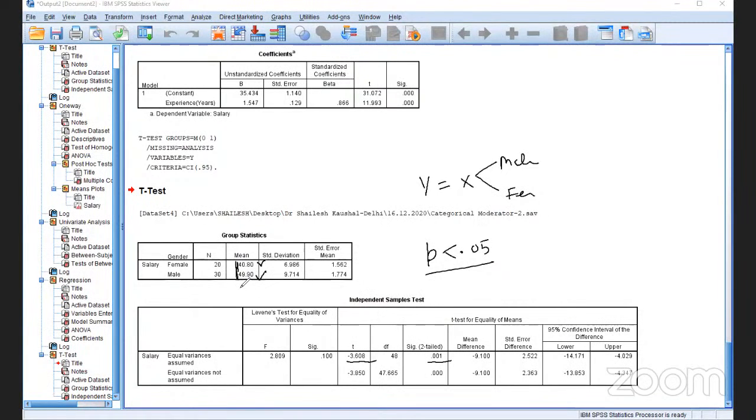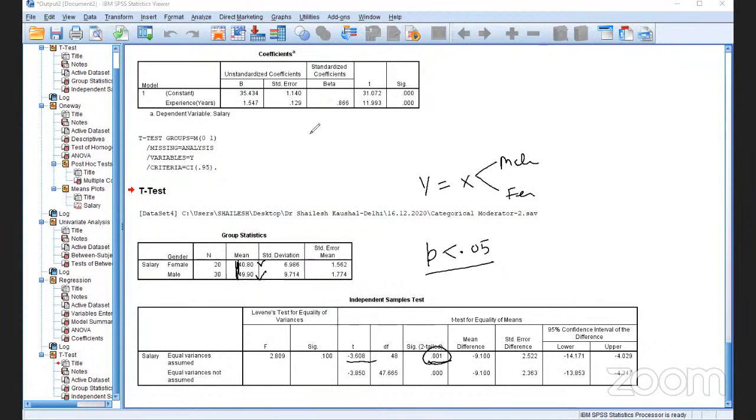Whether this difference is significant or not, the p value decides. We should keep in mind that when we compare two or three groups, we will always get a mean difference, but whether it is significant or not, the p value decides. If the p value is less than 0.05, it means there is a significant difference.